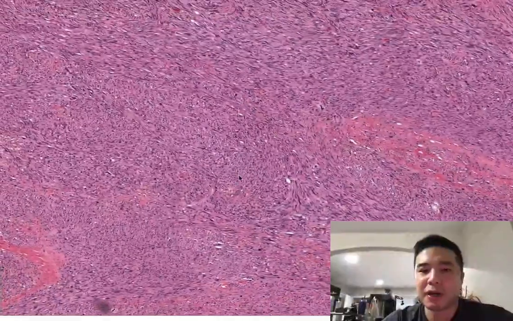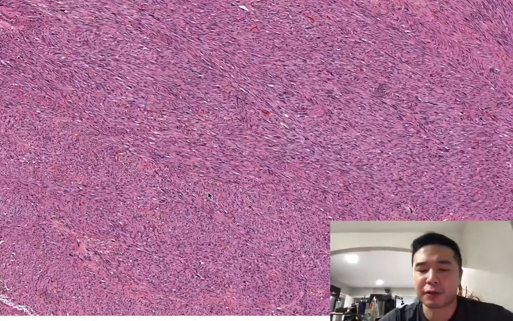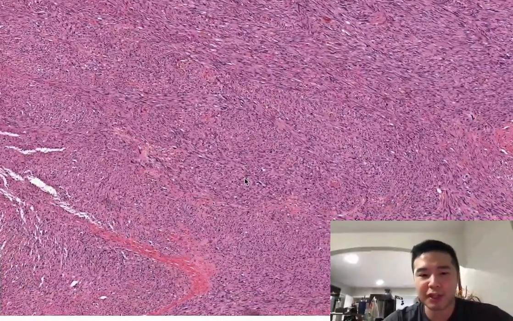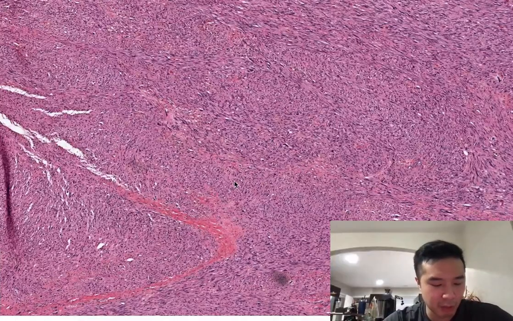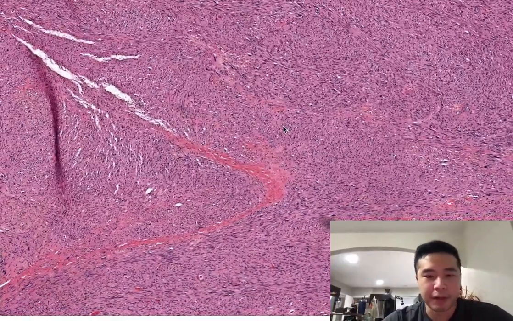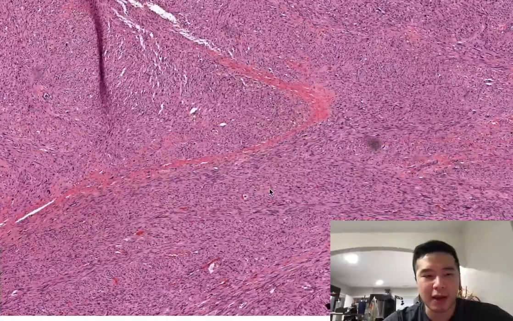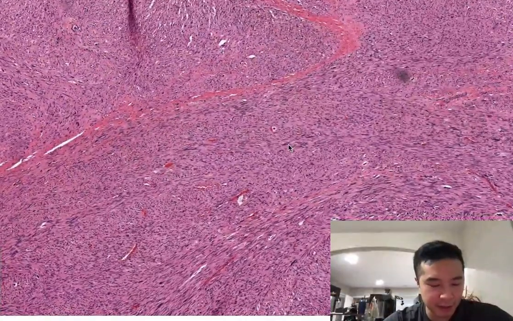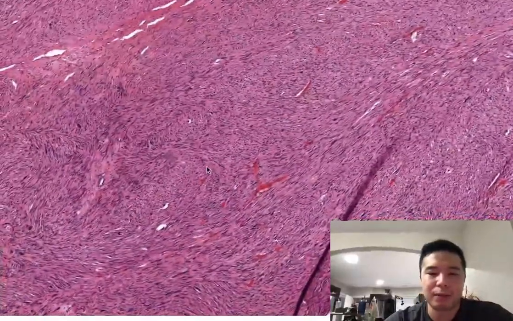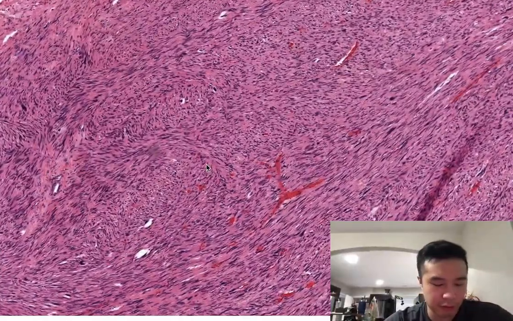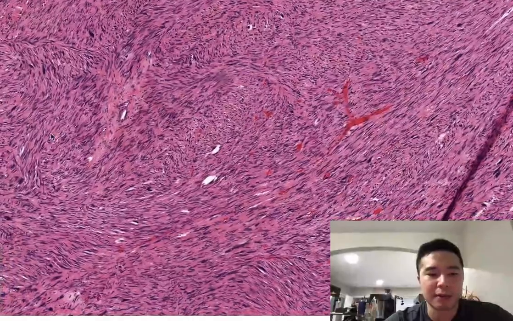But this has so many genetic alterations and genetic heterogeneity that these cells look different from each other because they have different mutations. Some common ones include TP53, ATRX, MED12. Usually patients who have this don't have predisposing factors. And again, just to point out how bad this prognosis is, the 5-year overall survival is around 15 to 25%.